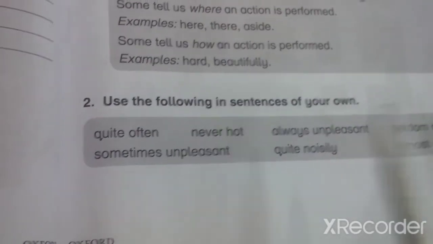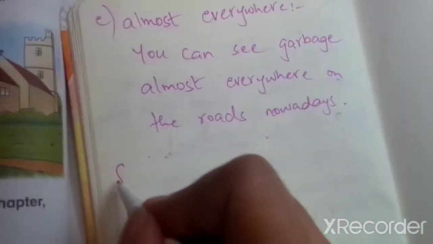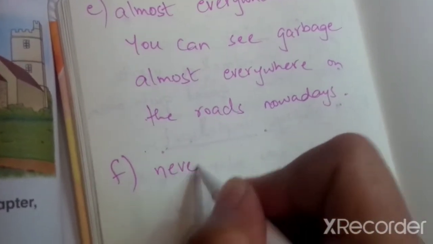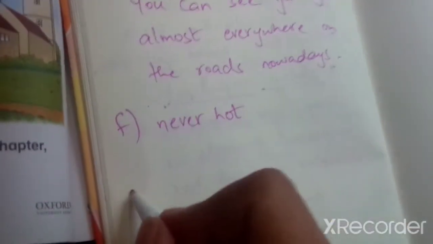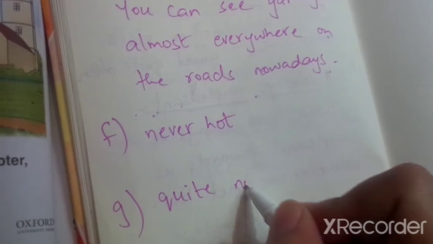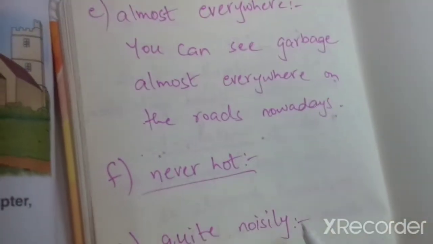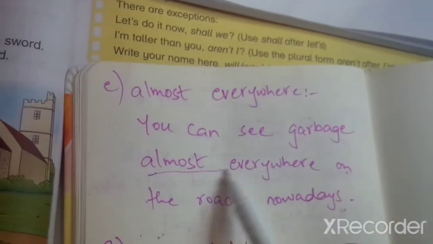Now the words that I did not use were never hot and quite noisily. That will be F part, never hot, and the G part will be quite noisily. Now when you're using these phrases, you are not supposed to break them apart. See, you can see in my sentences they're always together.